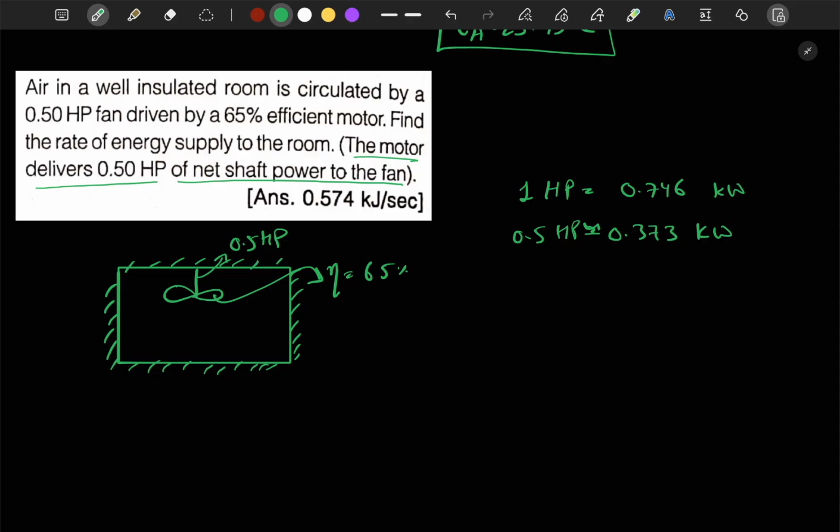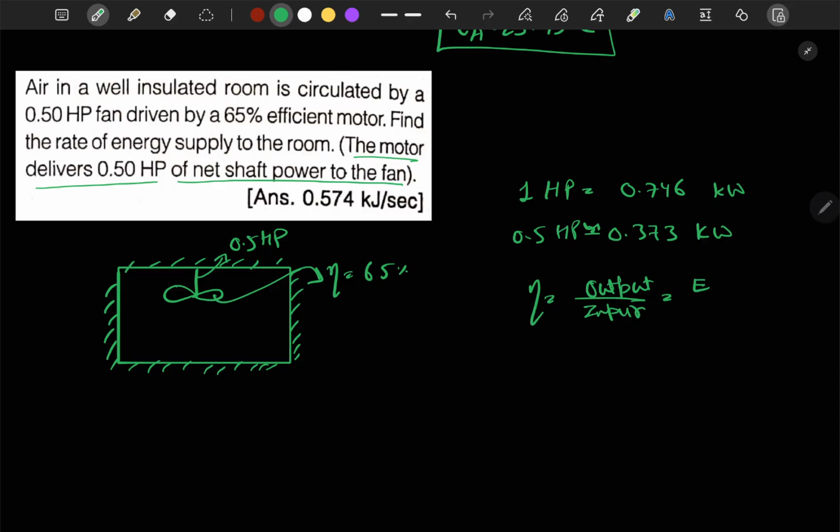So what is the efficiency? Efficiency is output energy upon input energy, or power, whatever we can say. The output here will be the rate of energy supplied to the room.